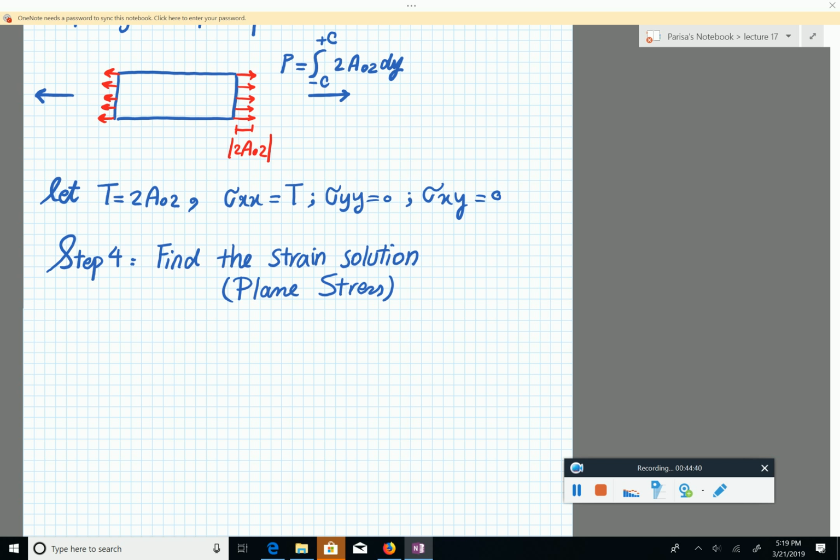and go from stress to strain first, and then to displacement.